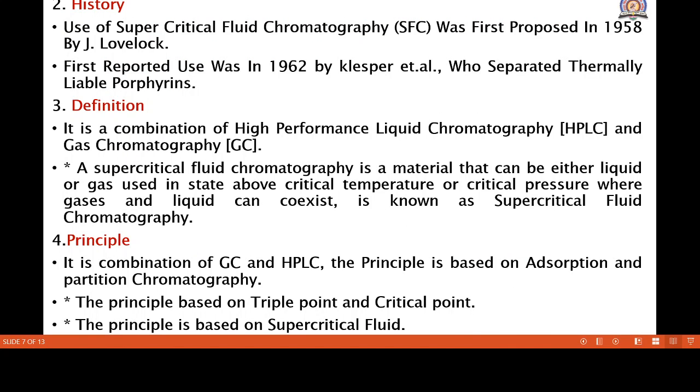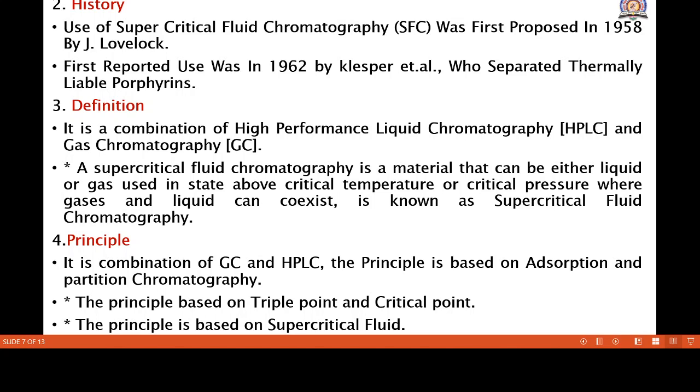Then we see the history of this SFC. Use of supercritical fluid chromatography was first proposed in 1958 by J. Lovelock. First reported use was in 1962 by P.S. Patil, who separated thermally labile porphyrins.